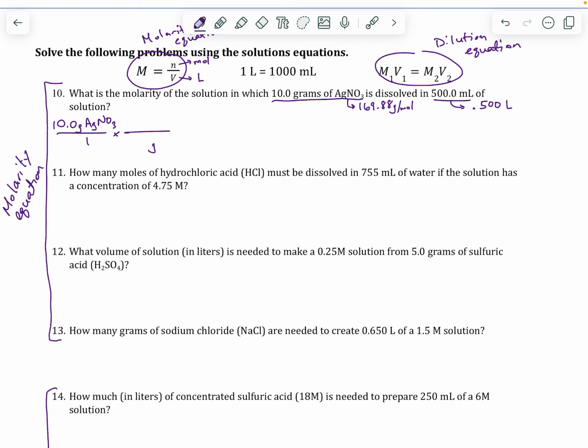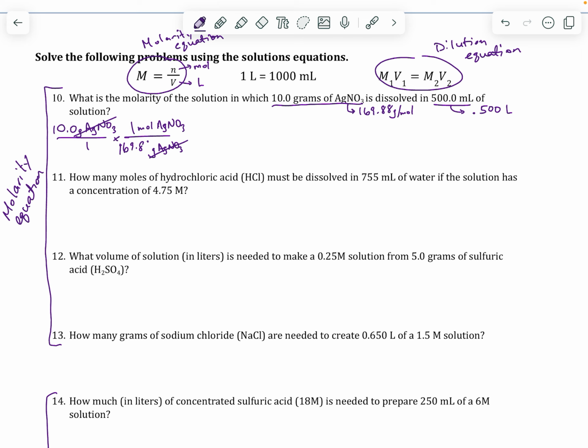And I see that grams of silver nitrate is going to appear on the bottom. That's for every 1 mole of silver nitrate. Why is grams on the bottom? Well, because grams needs to cancel out as a unit. How many grams? And we just calculated 169.88. And that's going to give us a value of 0.059 moles.